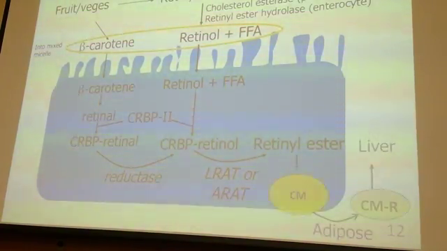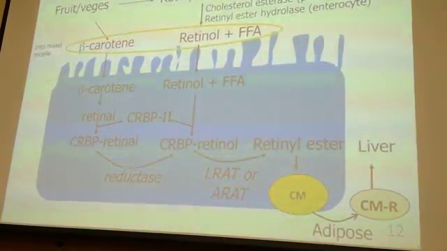Okay. And then these retinol esters get packaged into chylomicrons, secreted out of the enterocyte into the lymph. Some amount is broken down and can be absorbed into the adipose, but the large majority will be present in chylomicron remnants and be taken up into the liver, where the majority of the vitamin A metabolism happens.